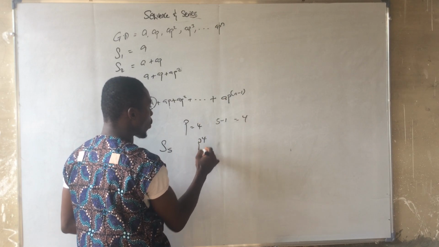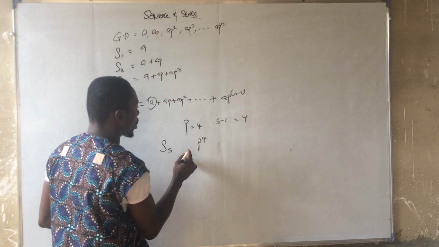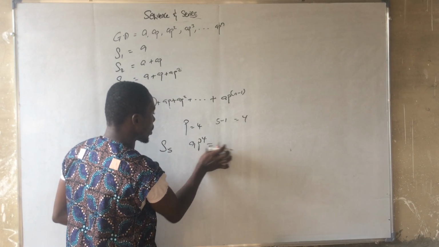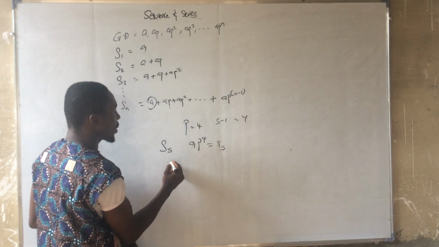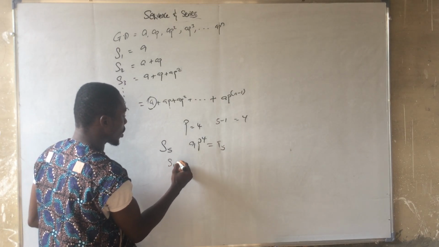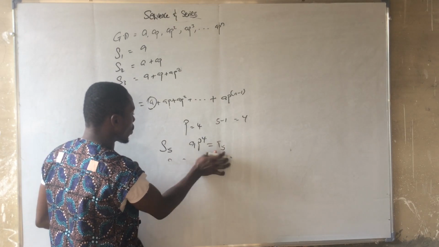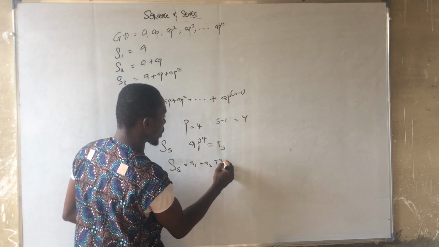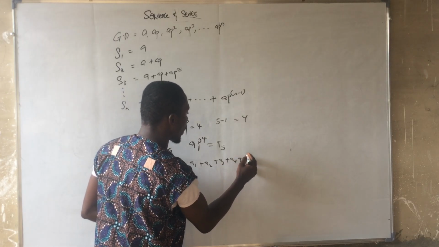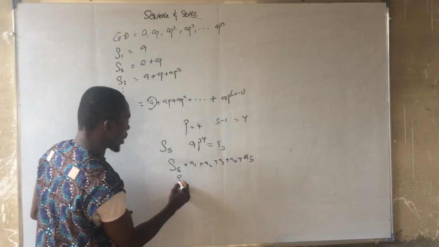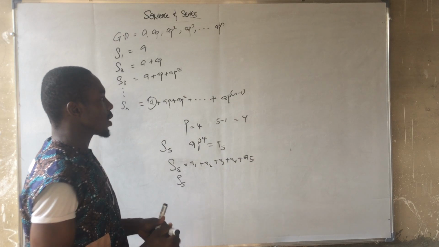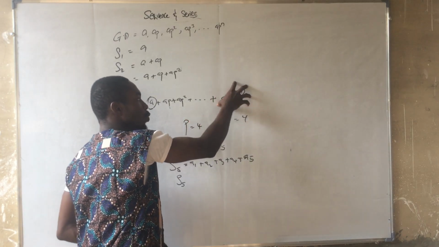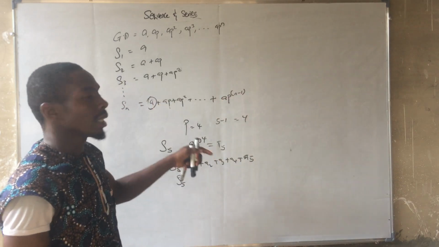And P raised to the power 4 multiplied by A is going to give us the fifth term, T5. Meaning that when we sum the first 5 terms, which is A1 plus A2 plus A3 plus A4 plus A5, we get S5. What I'm trying to explain is why I wrote n minus 1 here, and this is the nth term.